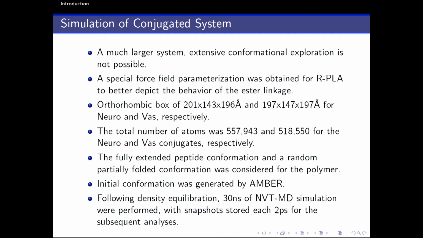And we used similar force field parameters generated by Amber, FF03. Following minimization, heating, and equilibration, we ran production MD simulations for 30 nanoseconds. And we saved a snapshot every 2 picoseconds for analysis.